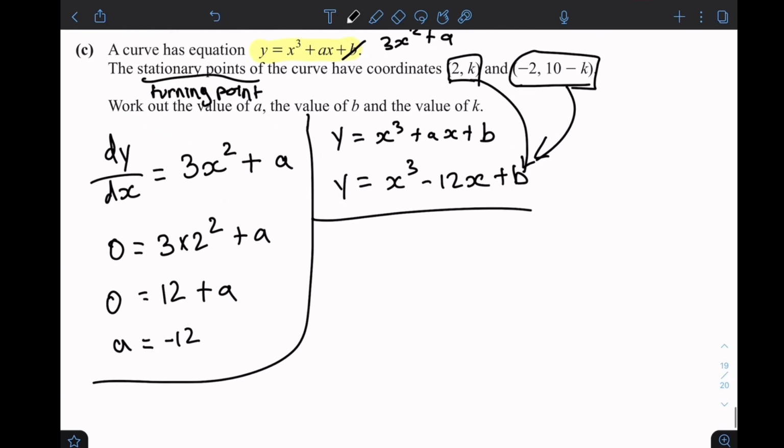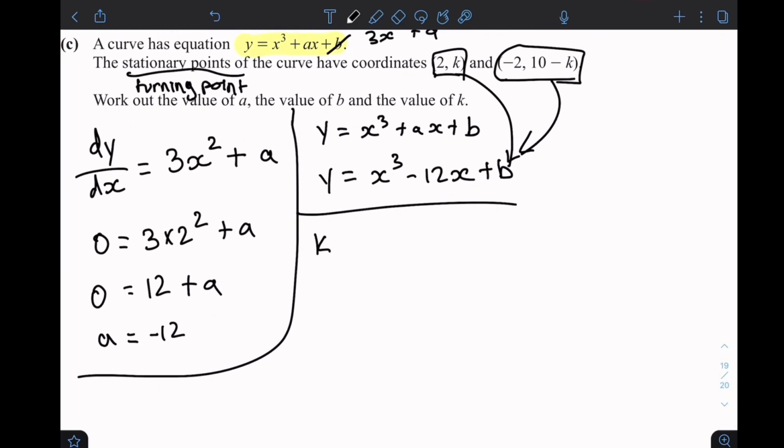So it will be k, which is equal to 2 cubed, which is 8, minus 12 into 2, which is minus 24, plus b. So k is equal to 8 minus 24, which is -16, plus b.